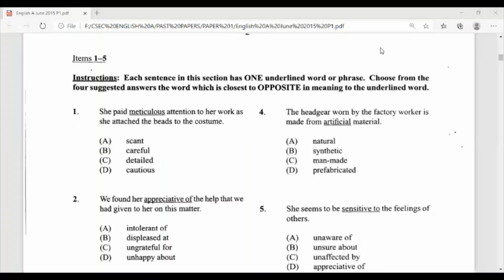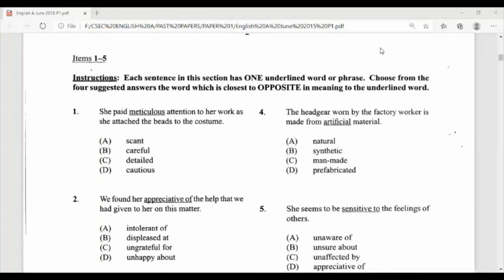Now, even if you didn't know what meticulous meant, we're trying to get a feel of the sentence too to help us, because a lot of times we do not see these words. Maybe we don't use them in our day-to-day speech, but sometimes you get clues based on what our sentence is saying. So she's attaching beads to a costume. That sounds like something that needs a lot of care, and so that's what meticulous means.